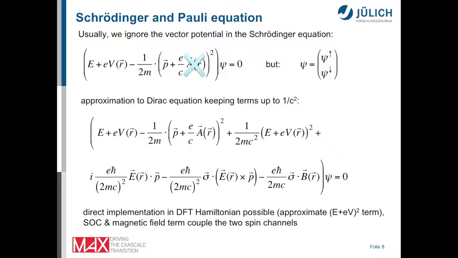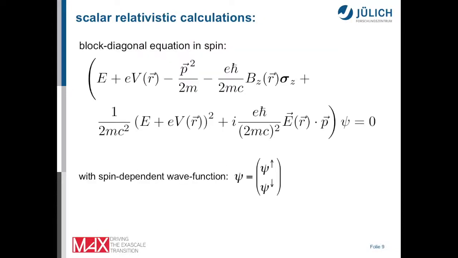You can just make a DFT with these additional terms if you make a suitable approximation for this mass velocity term, because here the energy is appearing and here it is appearing, but in practice we use these linearization energies, which Gregor explained yesterday, and then you can use this directly.